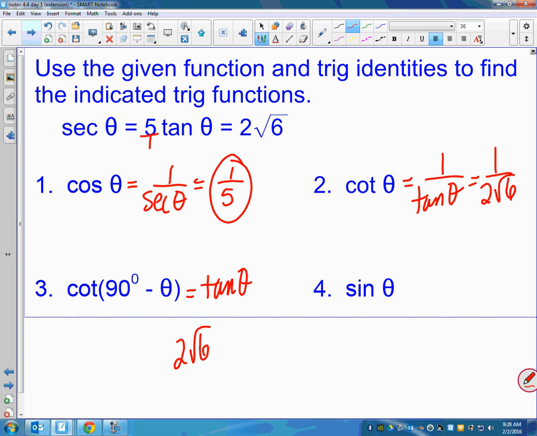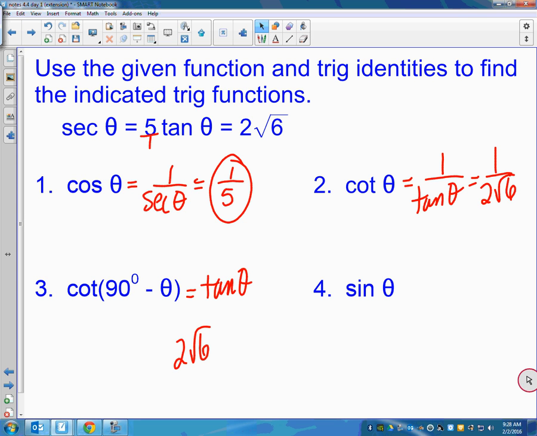Alright, what about for sine? Sine's a little trickier. You see anything that we could use? Let's see, sine equals 1 over cosecant, but I don't know cosecant.